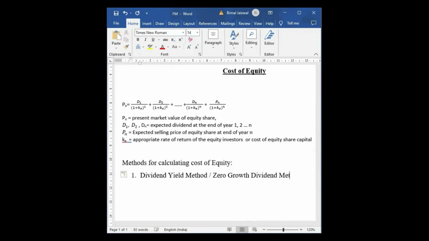Here the growth is zero, only the dividend that we are aware of.